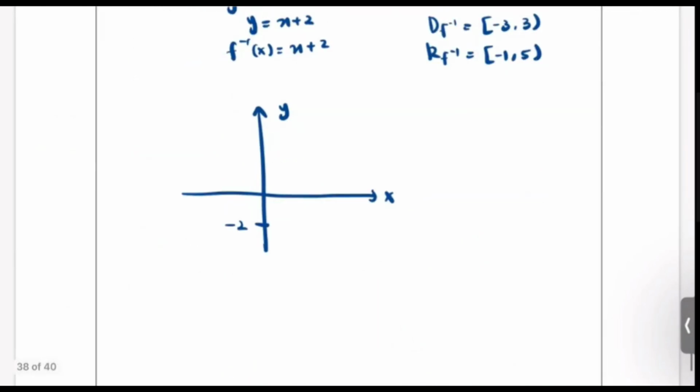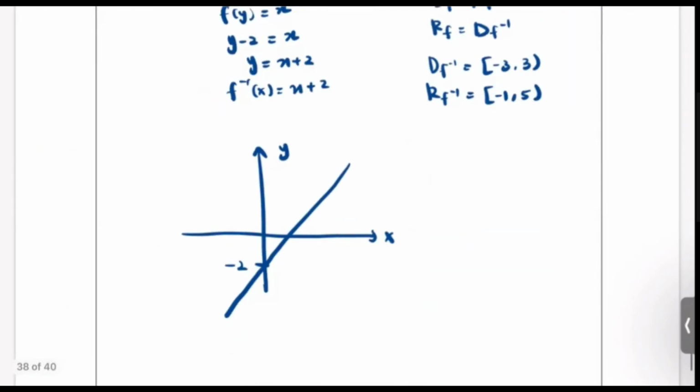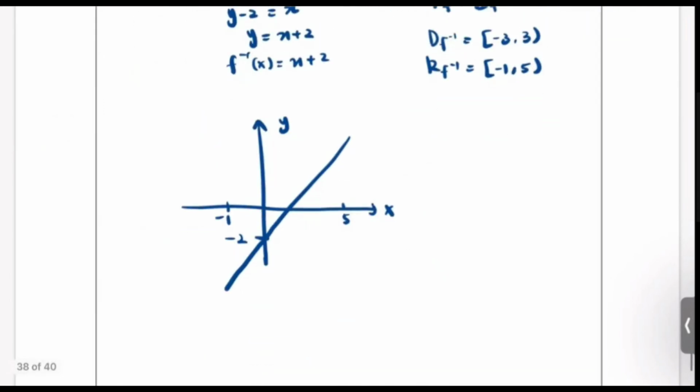Jadi ini adalah function kita. Tetapi dia cakap dia nak sampai negative 1 up to 5 sahaja. Jadi this is my negative 1 and this is my 5. So itu saja yang saya lukis. Bila f negative 1, y dia adalah negative 3.